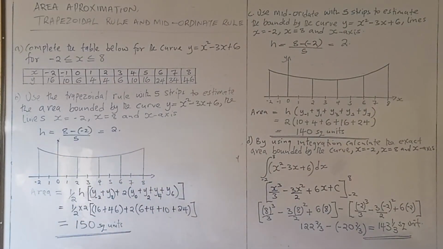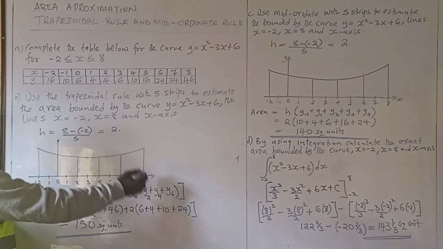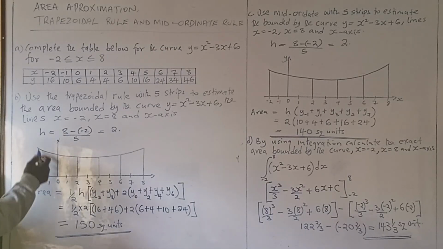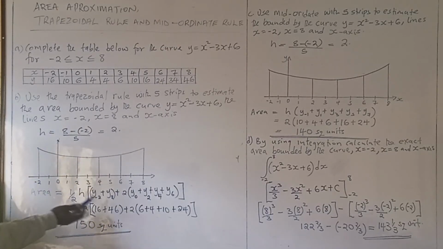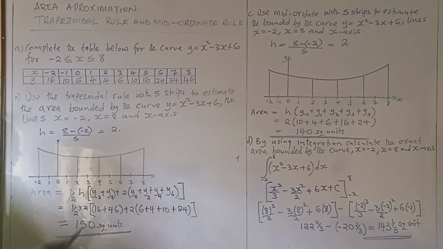So you need to get the area. These are the 5 strips: strips 1, 2, 3, 4, 5. So area will be a half height times you add the first one and the last one together. The first one is y when x is negative 2. Then the last one is y when x is 8.